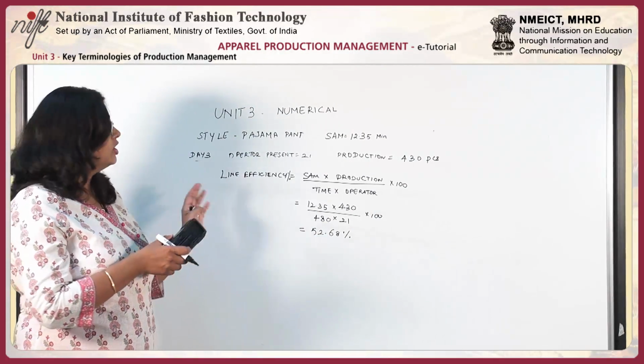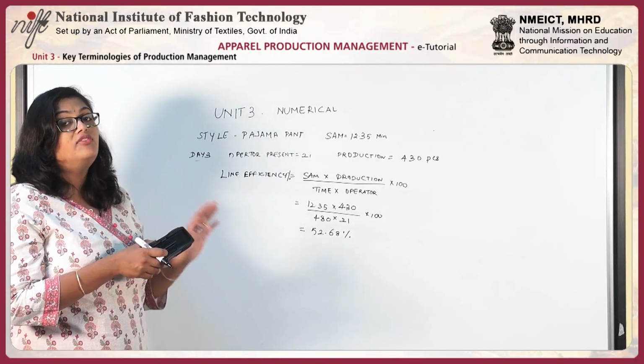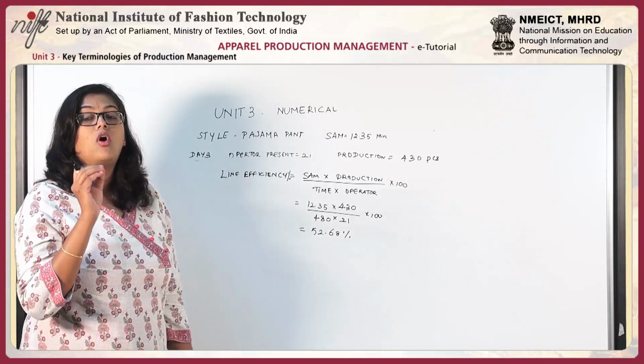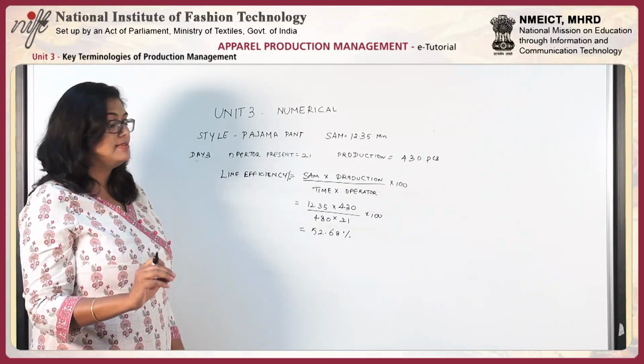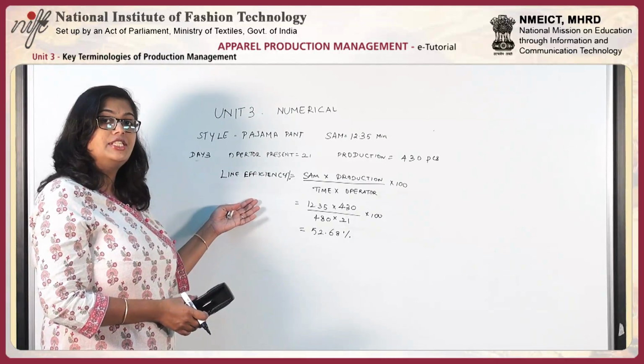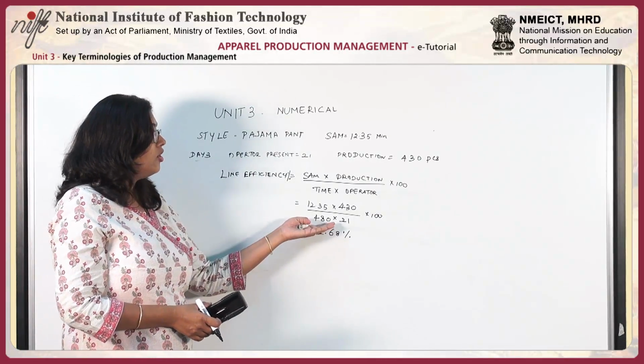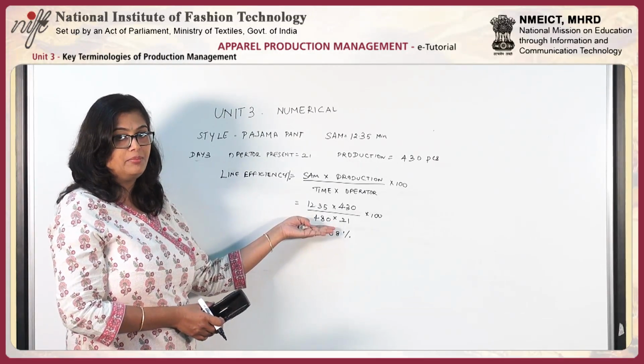Now that we have calculated line efficiency, we need to calculate something called on standard efficiency. What is on standard efficiency? See, line efficiency takes the full 480 minutes.